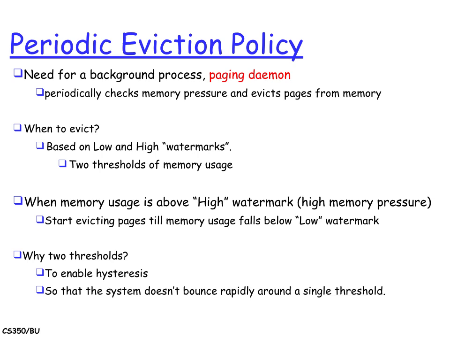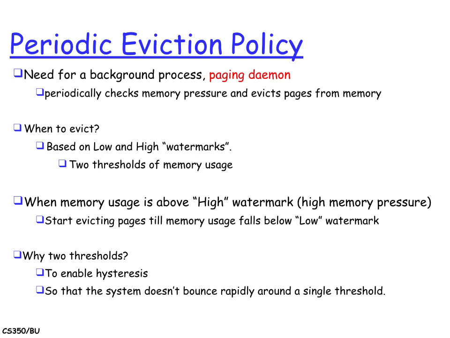If the total memory usage goes above 90% of total memory, then you have hit the high watermark. At that point, the eviction algorithm would kick in. It would start evicting pages till the memory usage falls below the low watermark, which may be 70% of memory usage. So the eviction algorithm would start when the memory utilization hits 90% and continue until the memory usage falls below 70%.